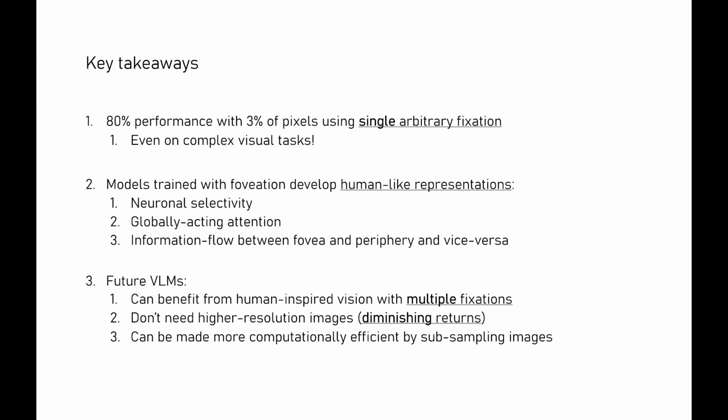Future vision language models can benefit from a human-inspired vision approach with multiple fixations, and they don't need higher resolution images, because those by themselves bring diminishing returns. Future vision language models can be made more efficient by employing a strategy similar to the human visual system.